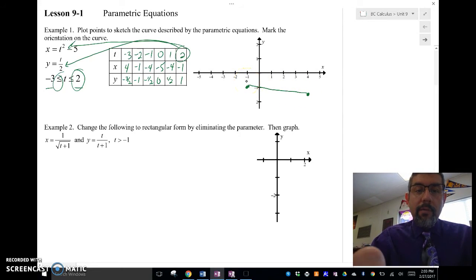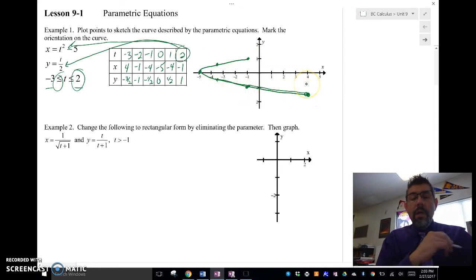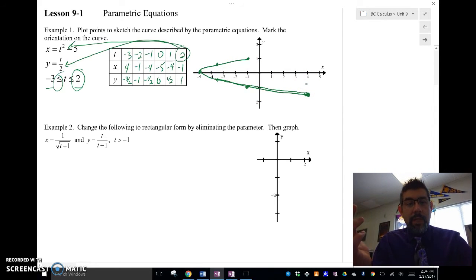Then we're going to go -4, -1/2, it's right here. -5, 0. -4, +1/2, and -1, +1. And so we're going to get a curve that looks something like this. Okay, so that's a parametrically defined curve, since we have x and y in terms of t.